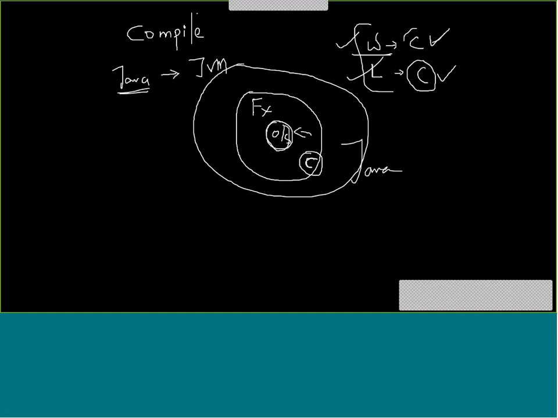So we always mount our Java program into something called the Java framework, let's call it JavaFX. And JavaFX in turn will move that code after some processing into the operating system.